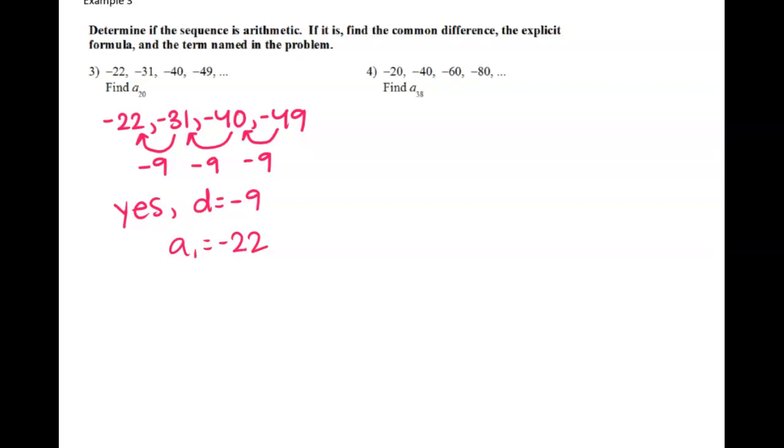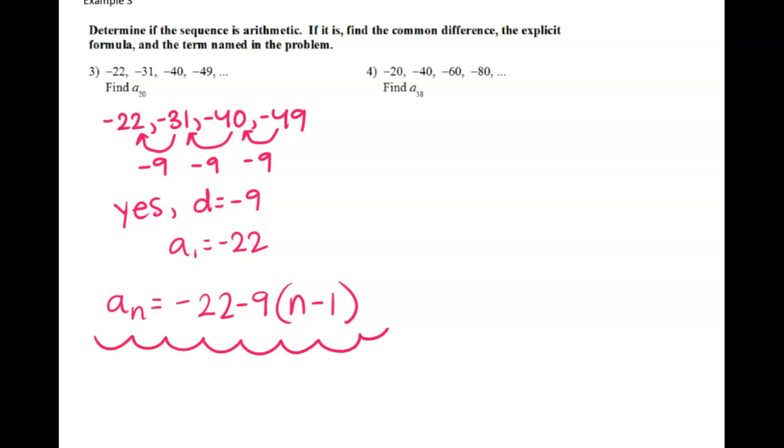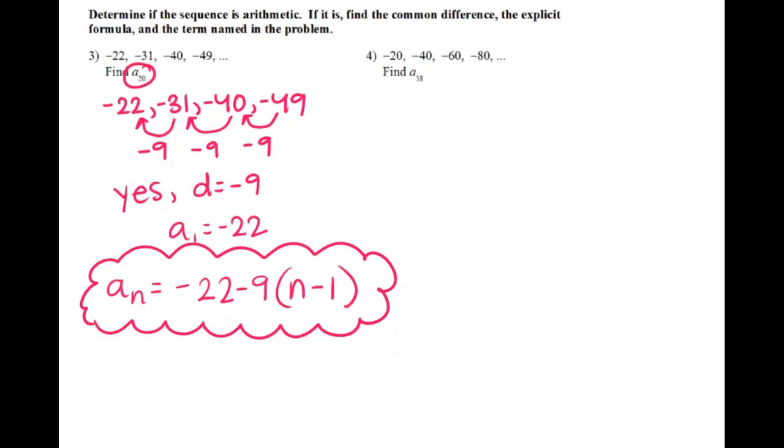So for our explicit formula, meaning we don't need to use the prior term, a sub n is our first term, which is negative 22, minus 9 times n minus 1. So that's our general explicit formula. Now we're asked to find a sub 20, so we're going to put in 20 for n.